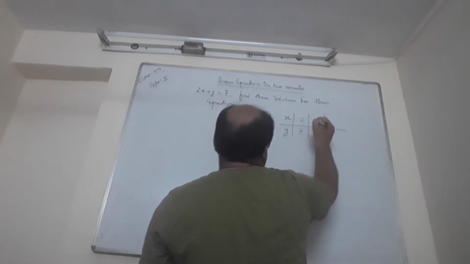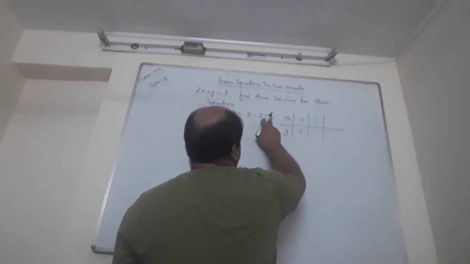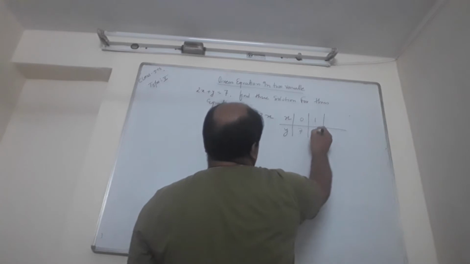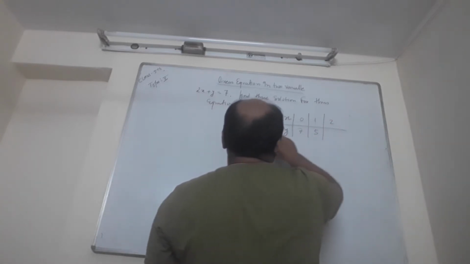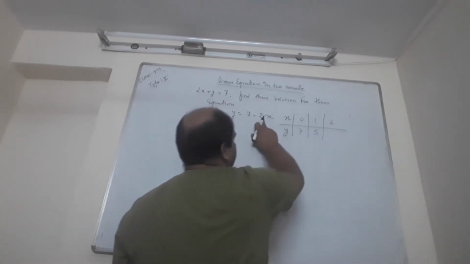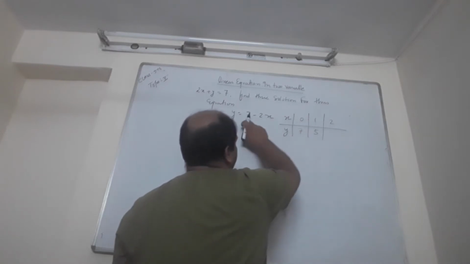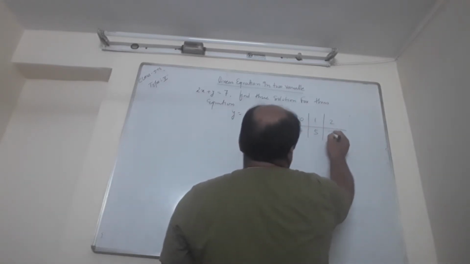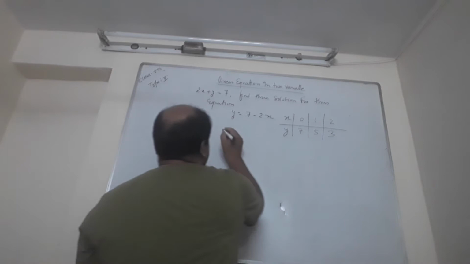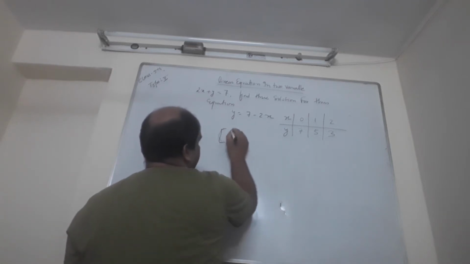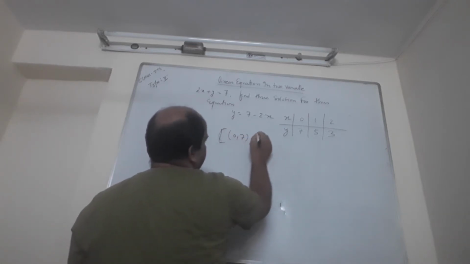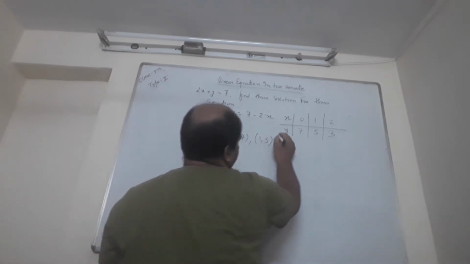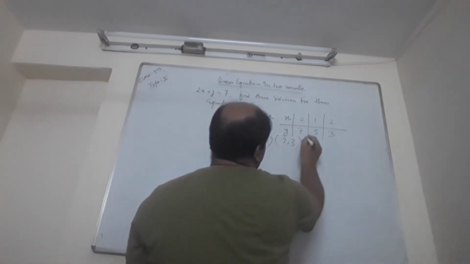If I take 1, then 7 minus 2 into 1 will give you 5. And if I take 2, it will become 7 minus 2 into 2 equal to 4, so 7 minus 4 equal to 3. So this is the 3 solution set for us: 0, 7; 1, 5; and 2, 3.